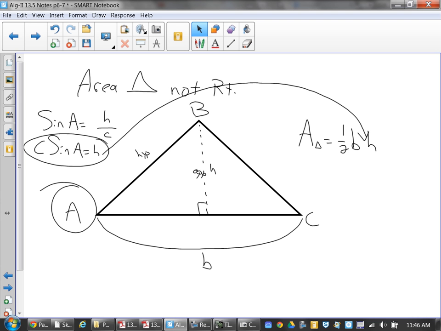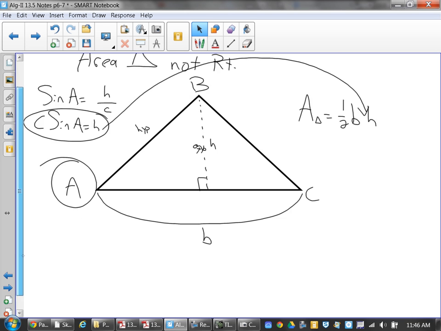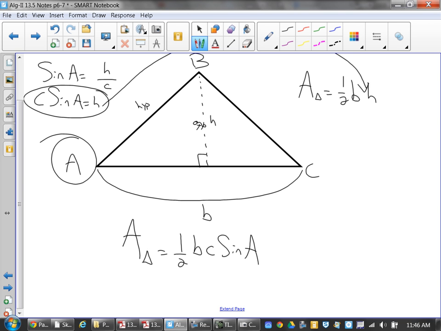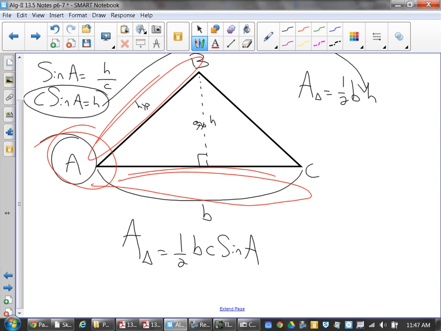That's how that works. Here's what you have to have. The area of a triangle works out to be then 1/2 base, which is b, times our height, which is c sine of A. What I want you to notice is that we're working with this side length and this angle.